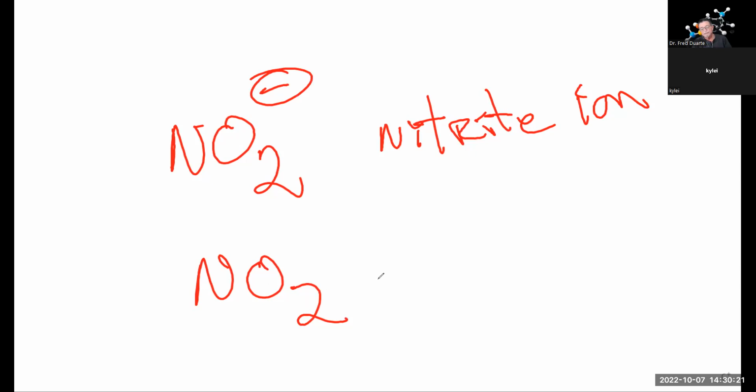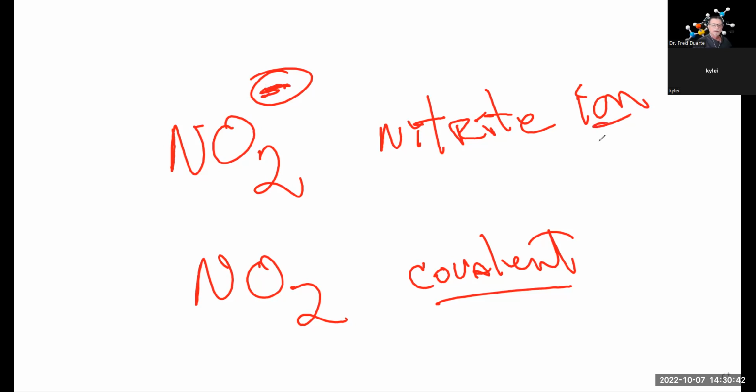And this is nitrogen dioxide. This is covalent, and not an ion. So both of them are covalently bonded, but the top one became an ion to have a negative charge on it. And it has its specific name, nitrite.